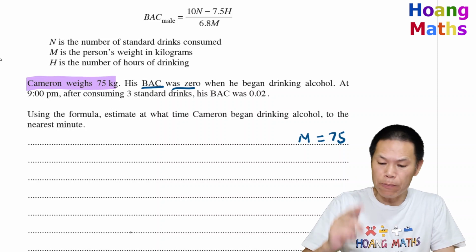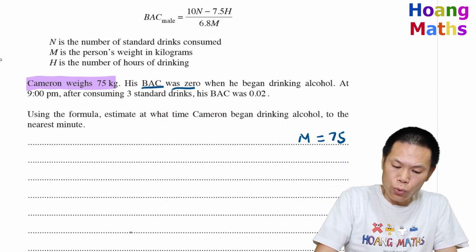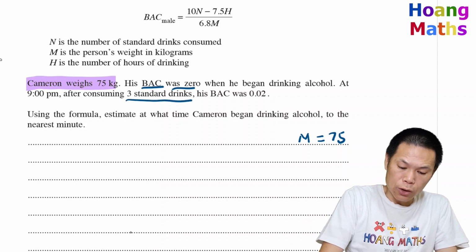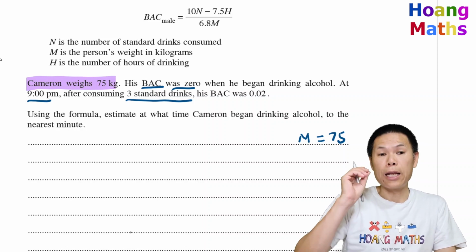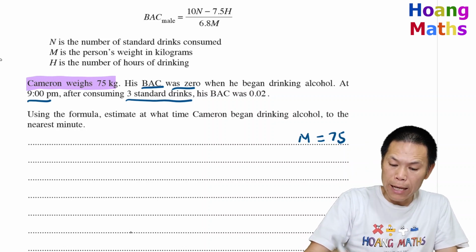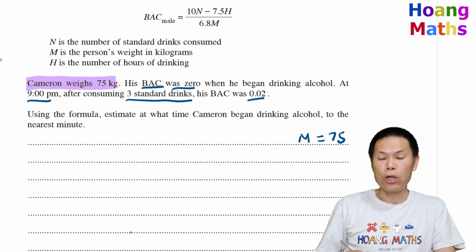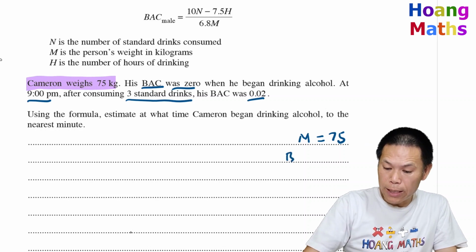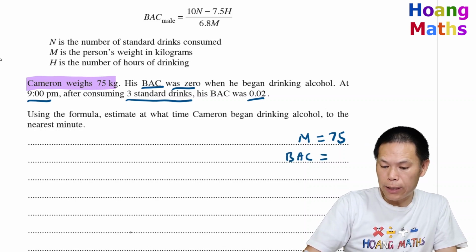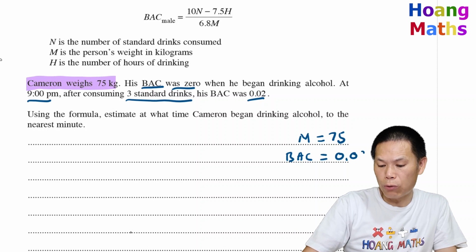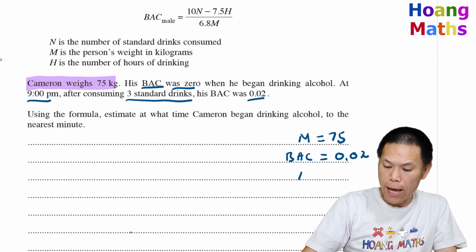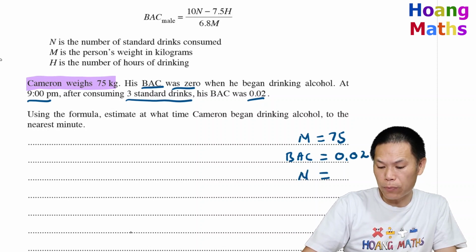So keep that in mind. And after consuming 3 standard drinks, so the time is at 9 p.m., the blood alcohol content was this much. So this means that BAC is 0.02 when N, the number of standard drinks, is 3.